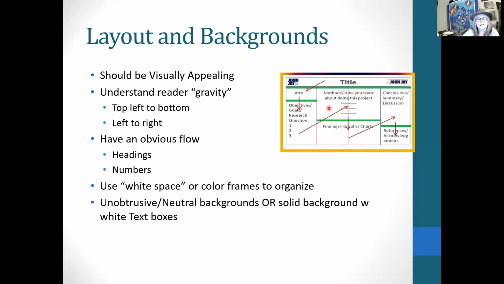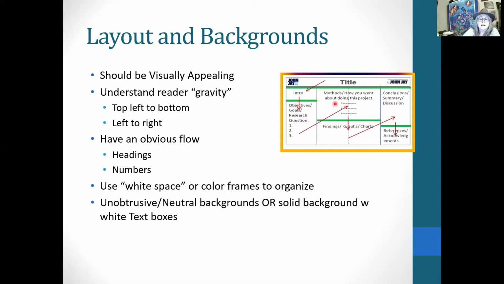In the middle, people get a little creative. The reader gravity is usually, obviously, because we read from left to right, you go through the poster from left to right. You usually start in your upper left and go down. The most simple is down, and then you go up and down and up and down, and you're all done. Sometimes people get creative in the middle. It's like down, up and in a little circle, over.